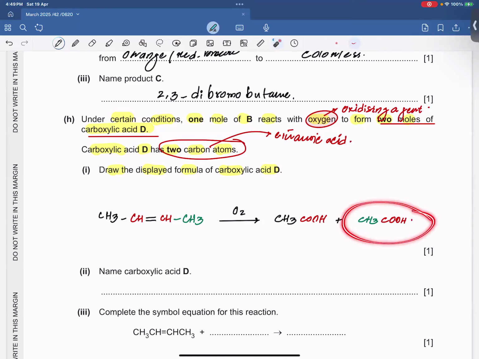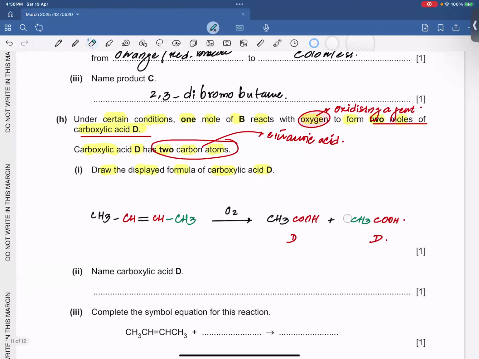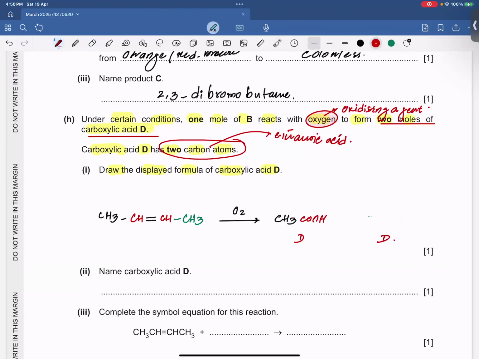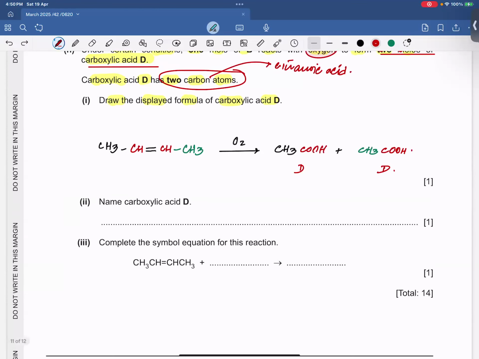Again, this is ethanoic acid, which contains only 2 carbon atoms. So 2 moles of ethanoic acid are formed. This is D, and this is D. So instead of writing like this, you can also write it this way: 2 moles of ethanoic acid. The examiner is saying 2 moles of ethanoic acid, but I think you should write it as I wrote it, because it will be better for your understanding. Okay, name the carboxylic acid D: ethanoic acid.